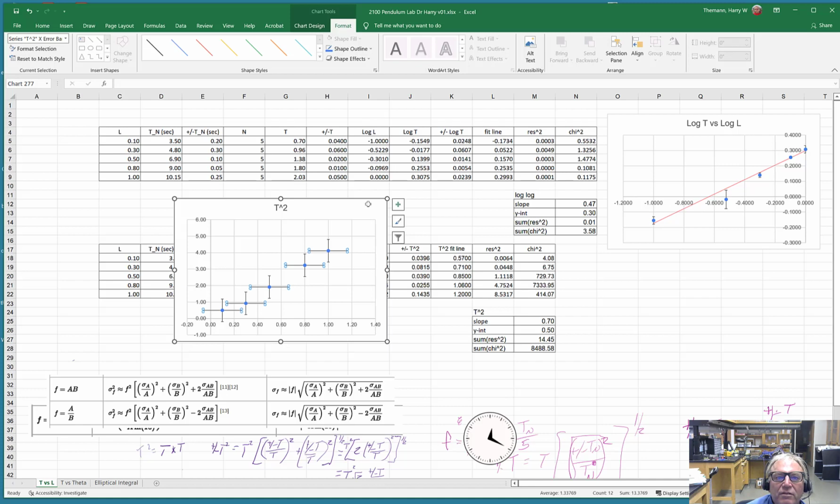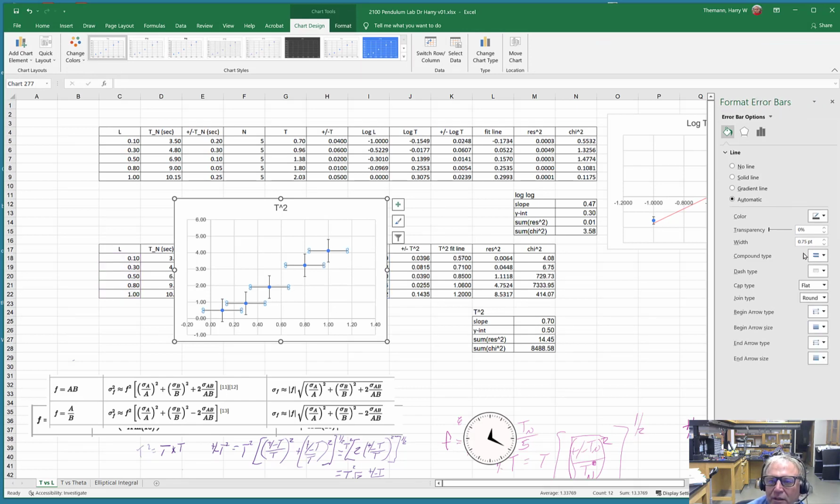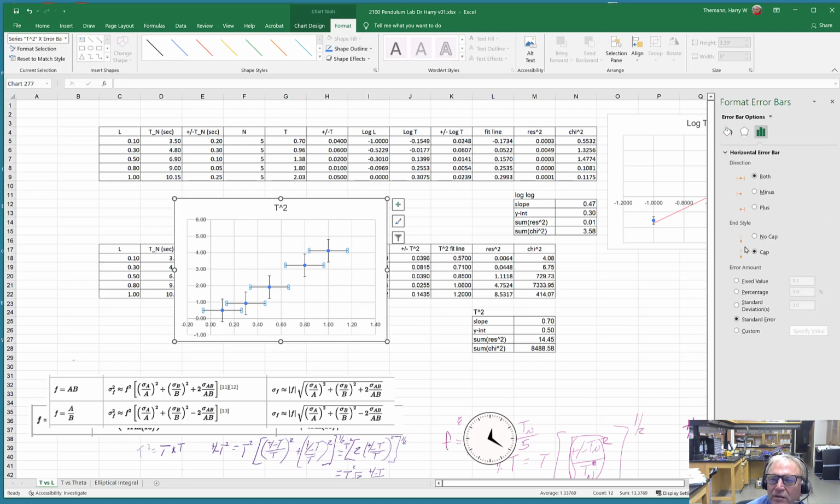No, we have to have that gray bar on the right. There's no way around it. Okay, but we can still select it from the format menu. And so we want them to be 0.